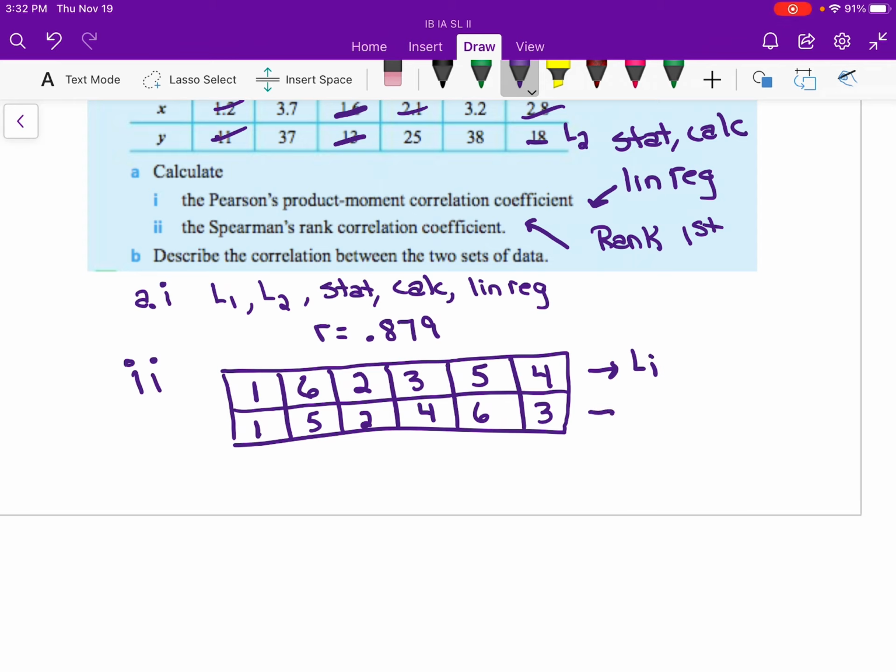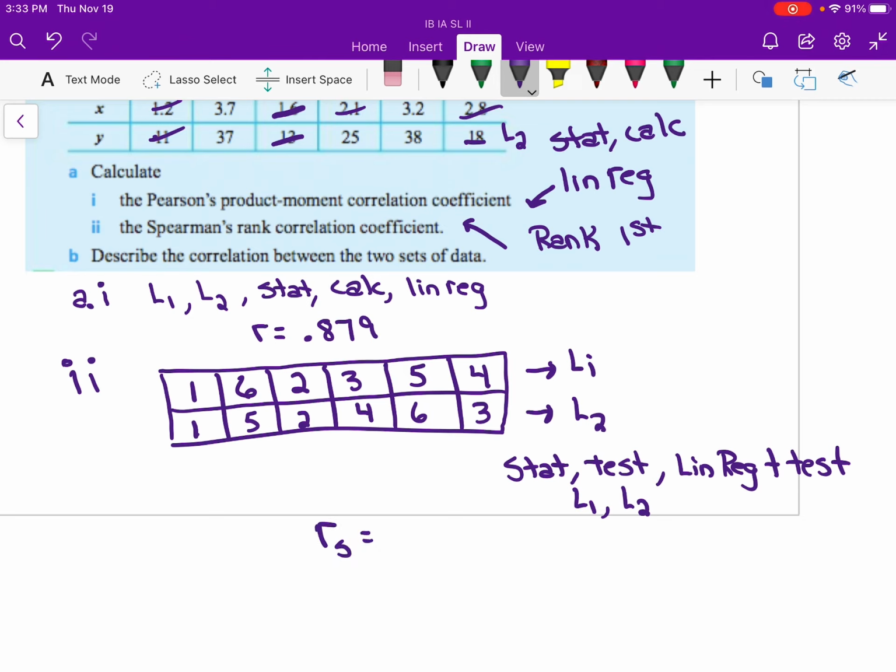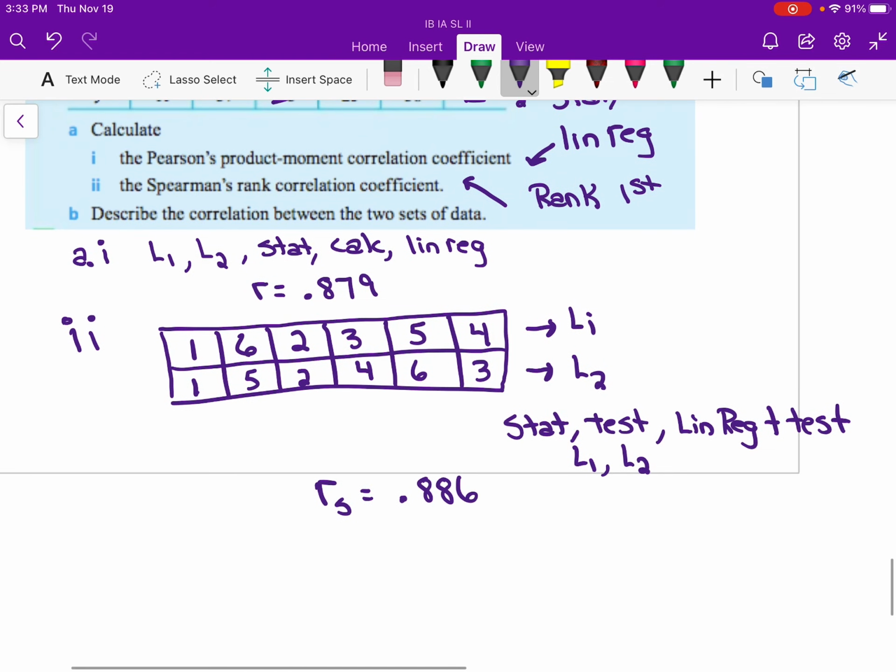So then put this in L1 and put this in L2, and then you're going to go back to your stat, test, lin reg t-test. All right, and put in L1, L2, and you should get an R value, or an R sub S as we will call it, of 0.886.